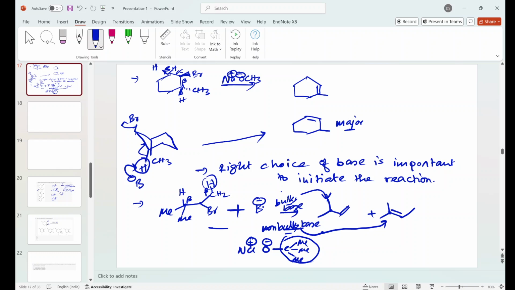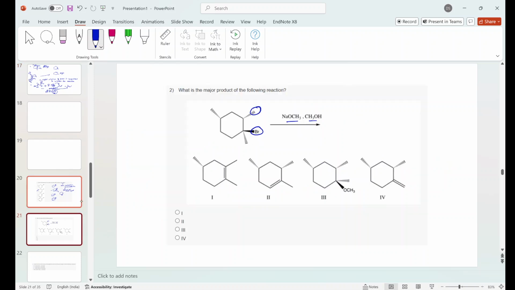Only with the other beta carbon the proton will be available, so it has to be this side. Here you have two hydrogens, one of them can be abstracted, so that we will get only one product, right?